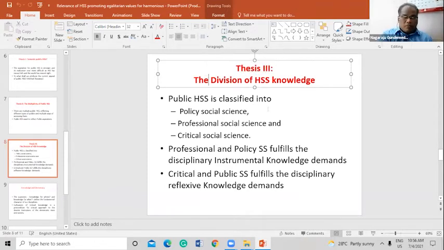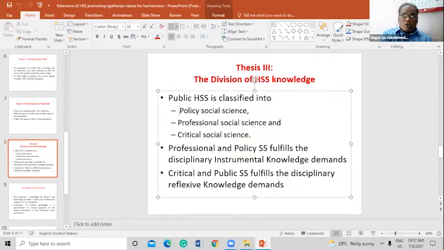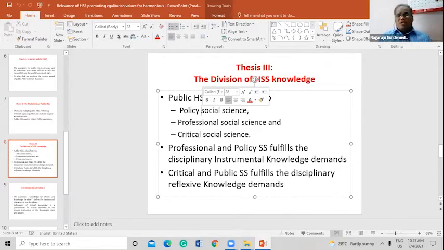The public humanities and social sciences make sense when they work towards policy orientation, right? Unfortunately, if you look at the practice of social sciences and humanities all over the world, broadly there are two types of debates which dominated the intellectual endeavor of the scholars.